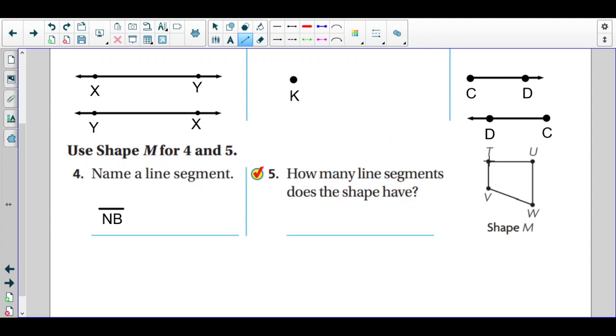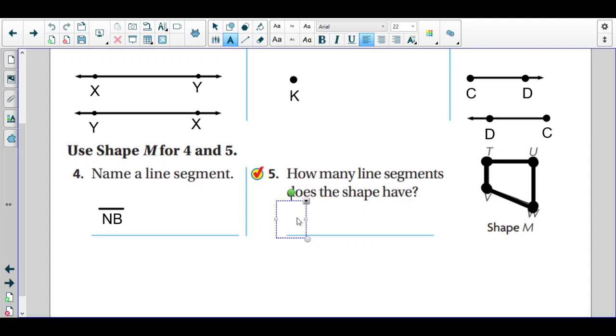Here we go. So we have 1, 2, 3, 4. 4 line segments.